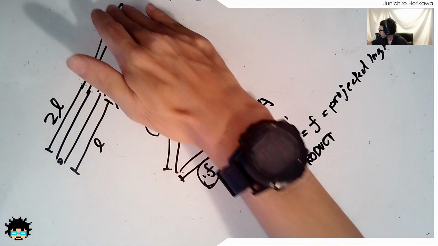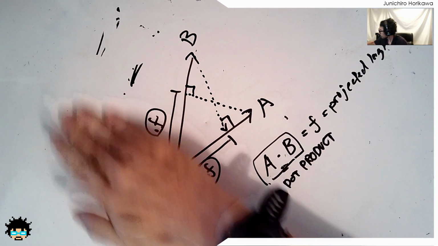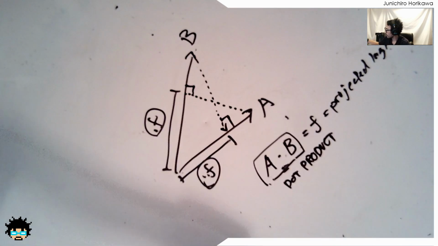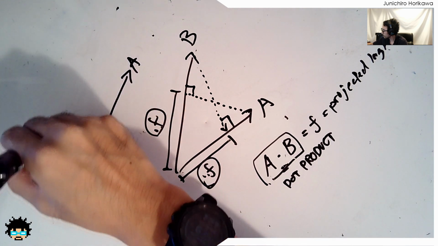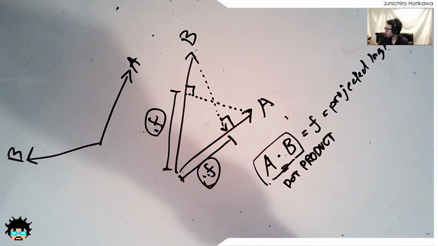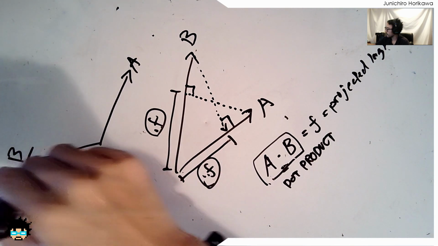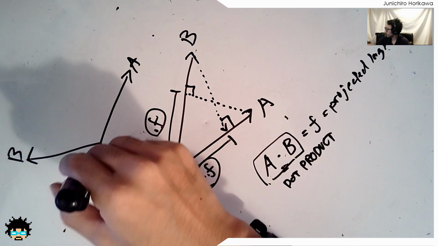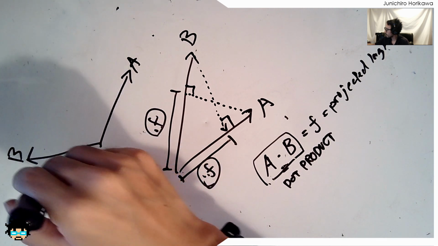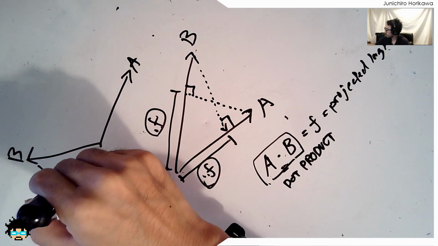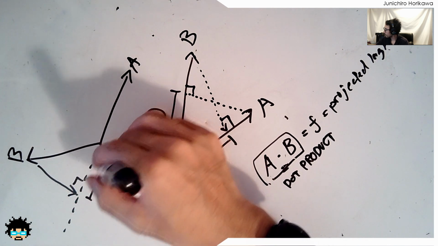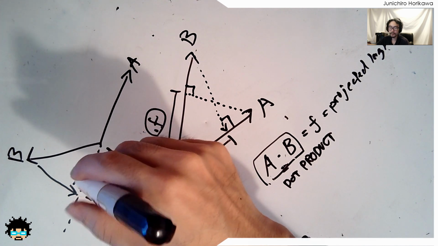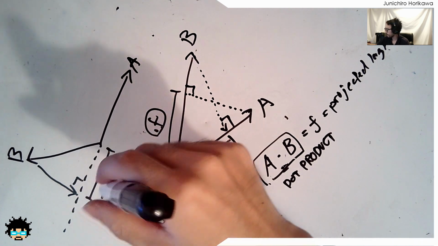Now, what if A goes in this direction and B goes in this direction? In this case, the projection goes like this. If you want to project B to A, you extend A to the negative direction, then project like this. And as a result, you get this value F, but this F value is a negative value.